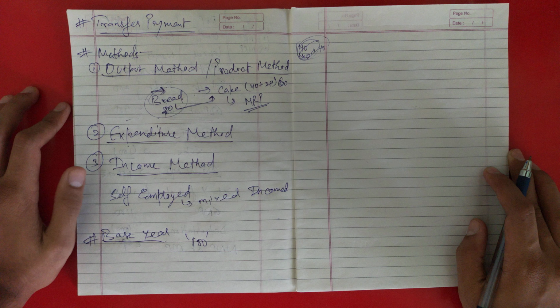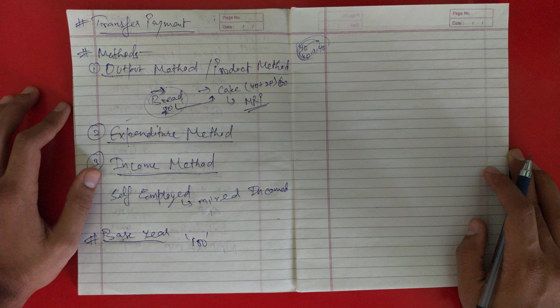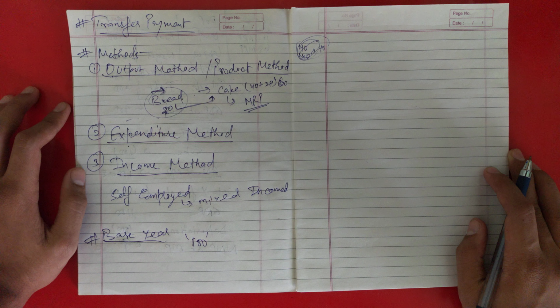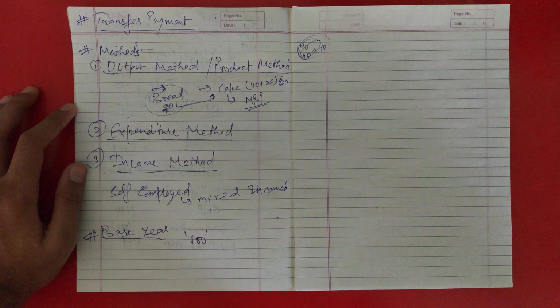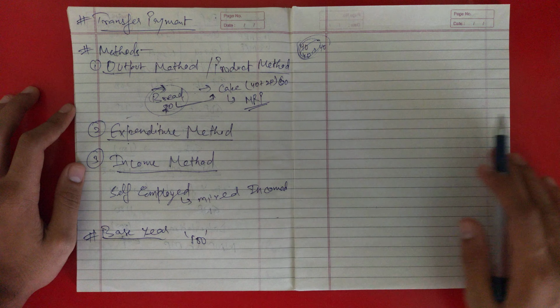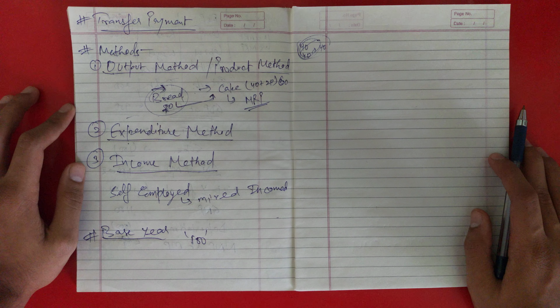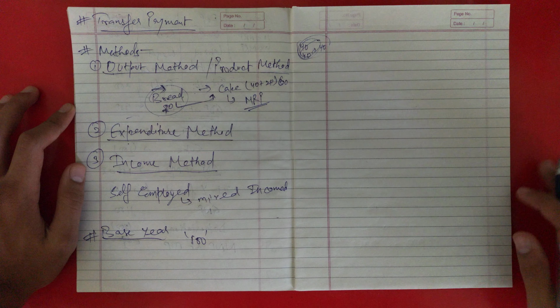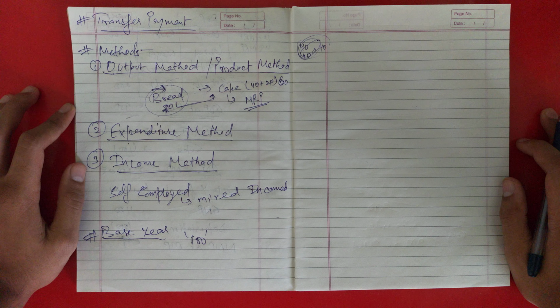If you want to calculate at the prevailing prices of the current year, it will be current prices, and if you want to calculate at base year prices, then it will be termed constant prices. We calculate at base year prices so as to neglect the impact of inflation.